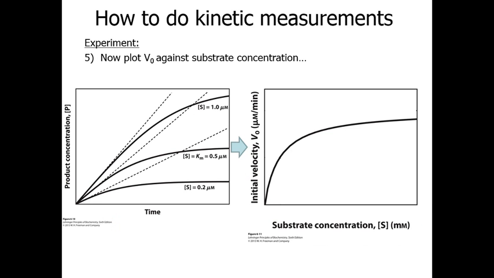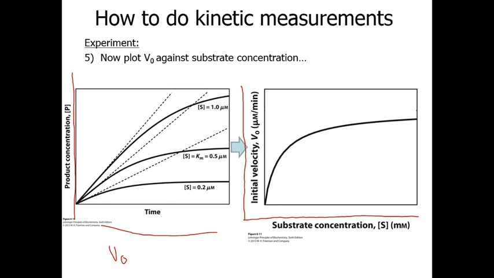So if you have a plot of product concentration versus time, as shown here, you can get initial rates from this and then plot it separately, where you plot the initial rate on the y-axis and substrate concentration on the x-axis. And if you do so, you'll get various points. And these points can be fitted to a curve.